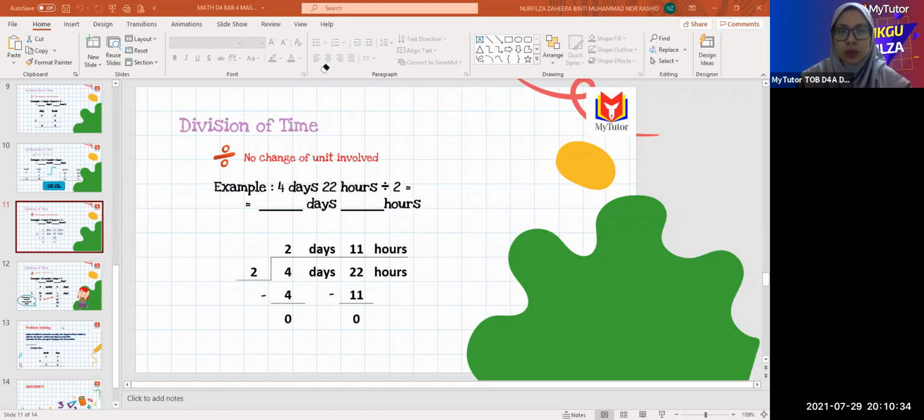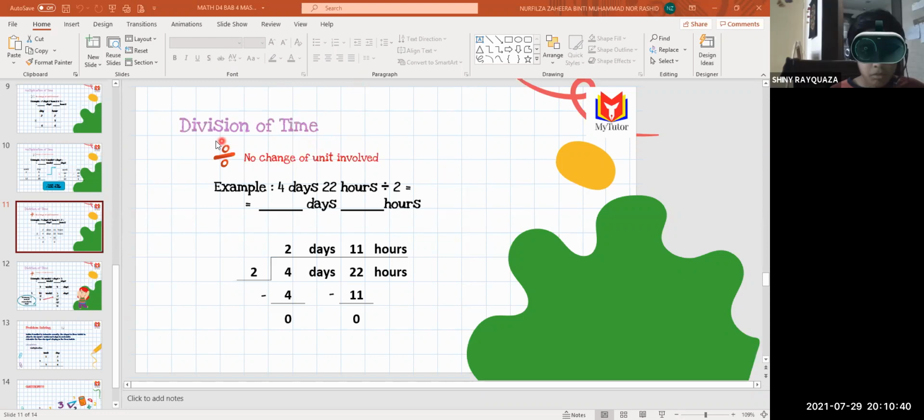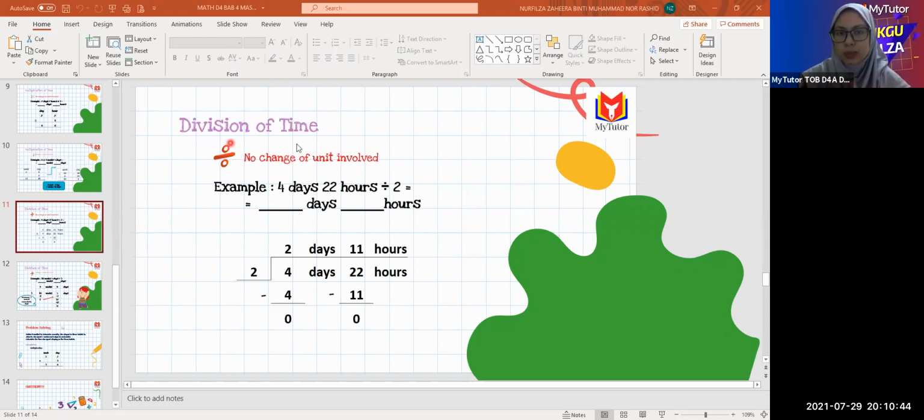So there's gonna be two categories. Like last week you learned that when you do basic mathematical operations with time, sometimes the unit will change, sometimes the unit does not change, right? Okay, for example from days changing to hours, maybe weeks go to days.